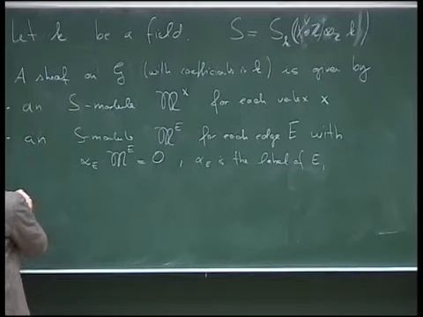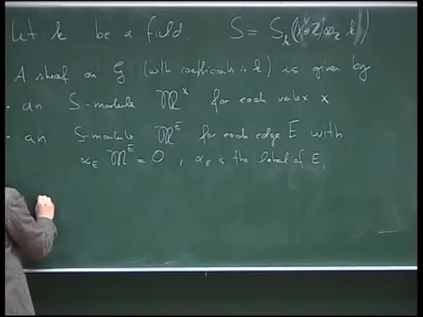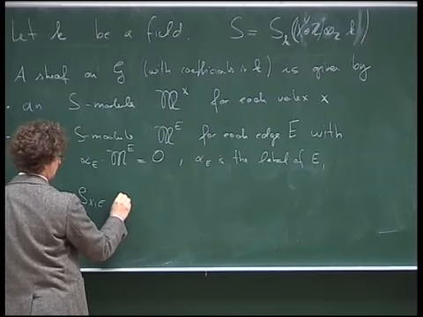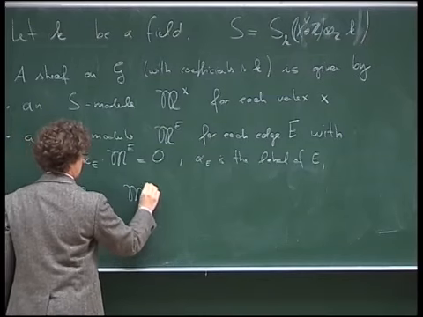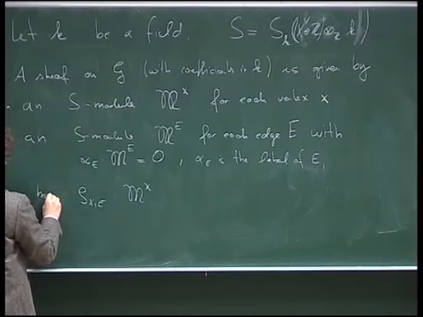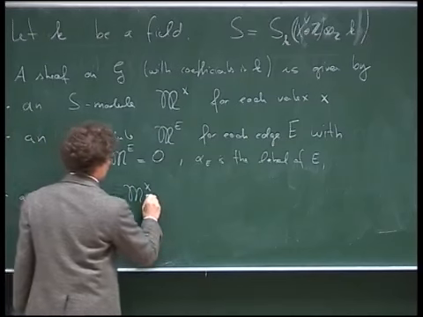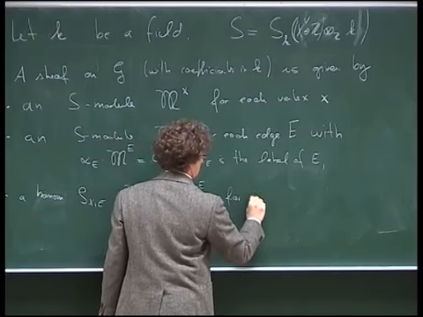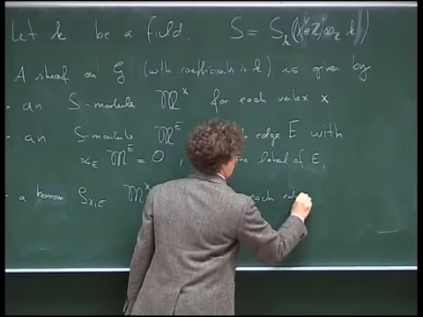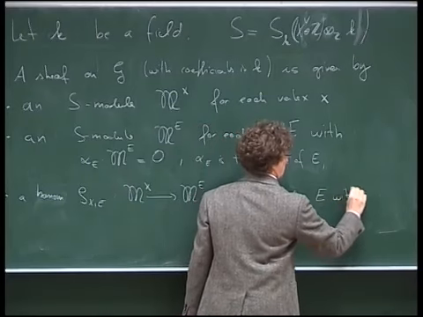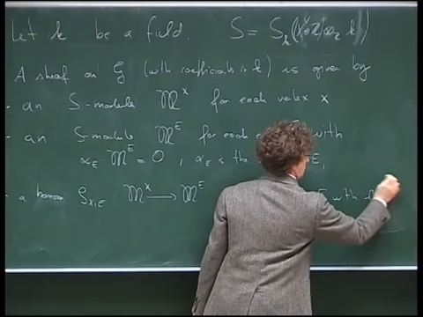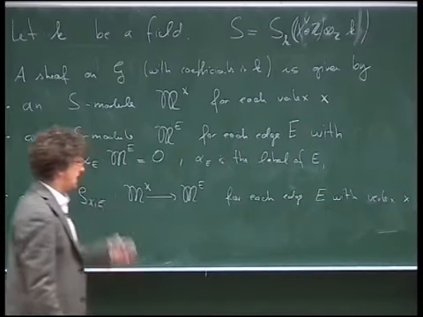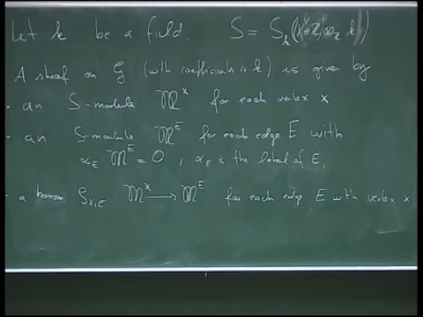And thirdly, a map rho_{xE}, a homomorphism from M_x to M_E for each edge that contains x as a vertex.